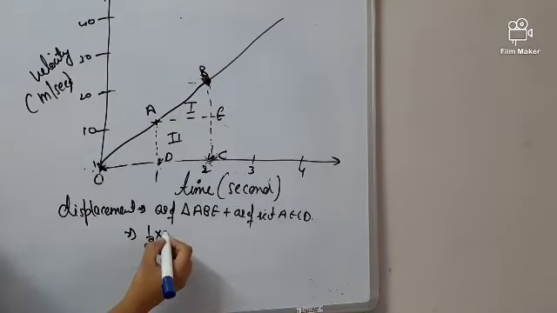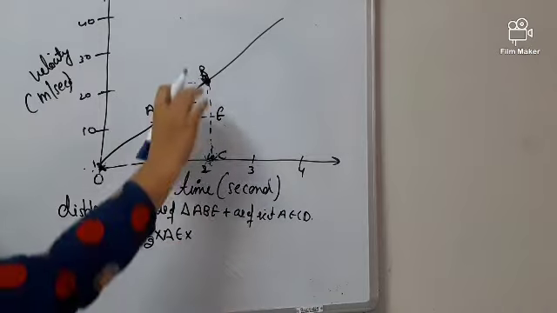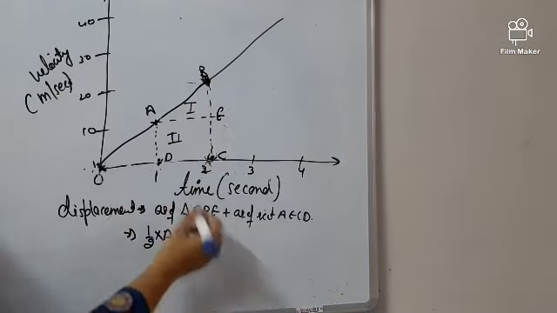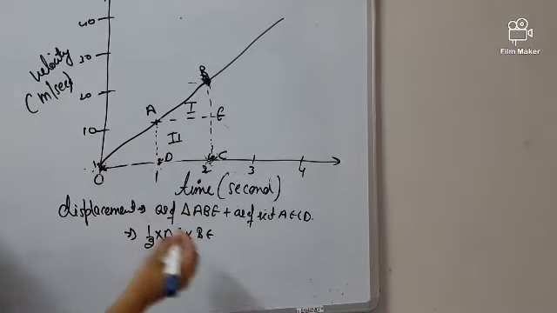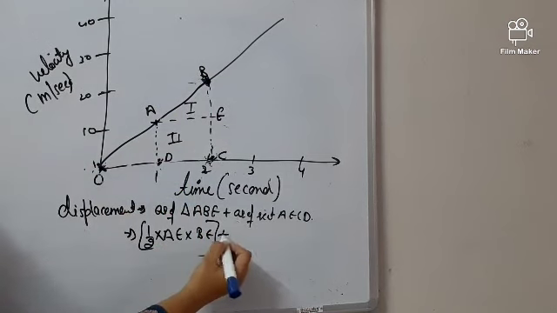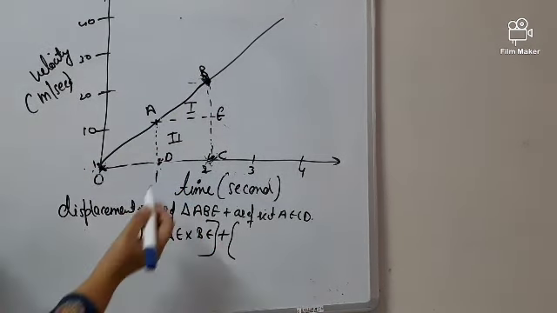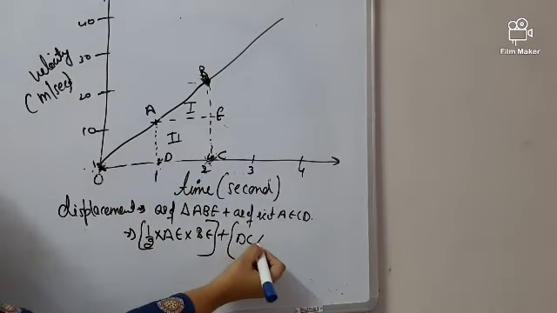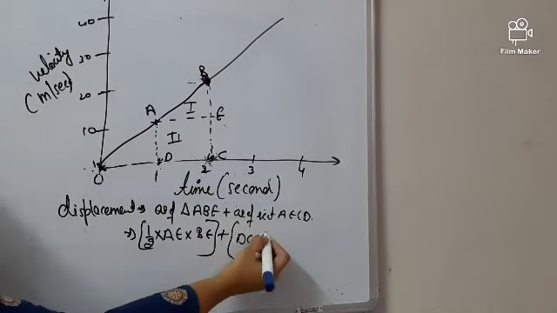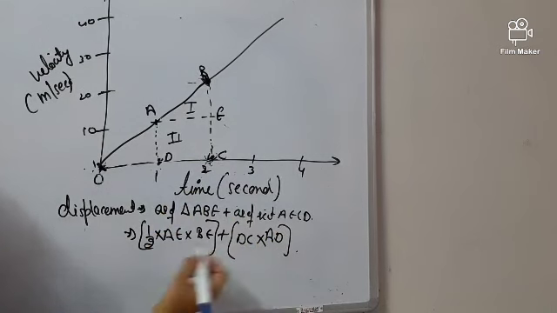Base is AE into height, that is BE. We will solve this, plus rectangle, length into breadth. So length is DC into breadth is AD. So let's put it and solve it.